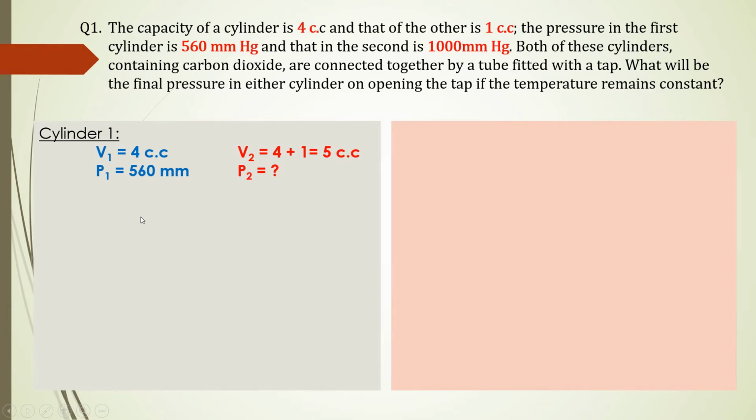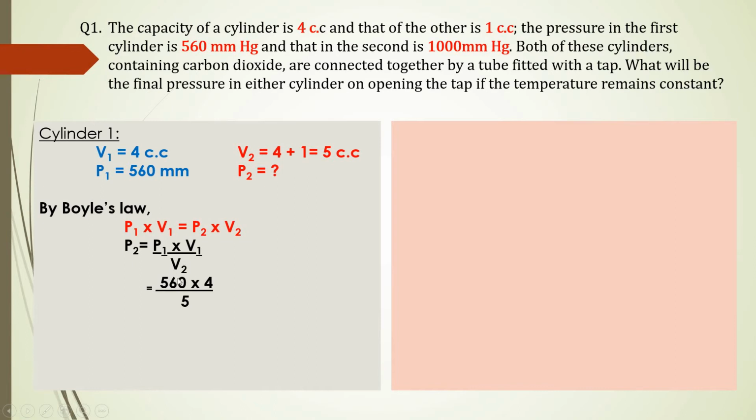Now according to Boyle's law, we have P1 V1 = P2 V2, which is a constant. Now we need P2, so we'll rearrange this to find P2 = P1 V1 divided by V2. Now let's substitute the values of P1, V1 and V2. So we get 560 into 4 divided by 5.